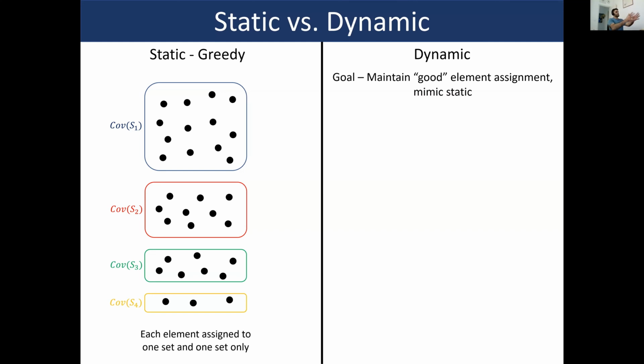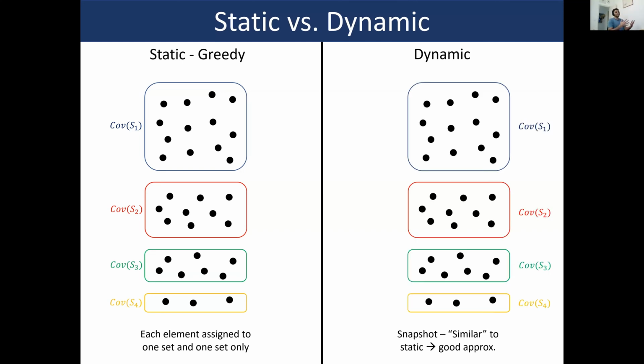By good, I mean something that would mimic the static. So ideally, at each and every update step, the element assignment that I have in the dynamic setting would be exactly the same as had I run the static greedy algorithm in each update step. Each time I had an element insertion or deletion, had I rerun the greedy algorithm, I would have some element assignment from that.